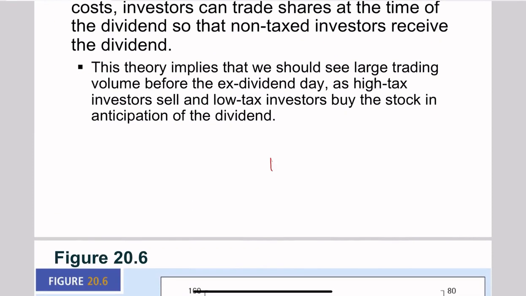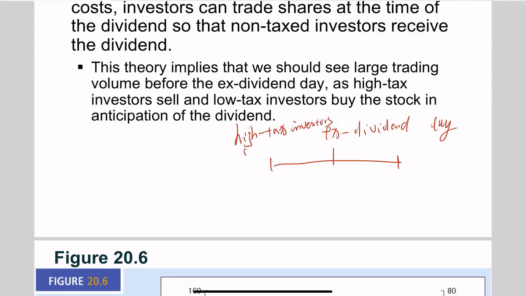So if I draw this timeline here, again, we have this ex-dividend day. Then you can see that high tax investors will sell, right? Because they don't want to get the dividend. Because from their perspective, dividend is expensive. It has a higher tax rate.